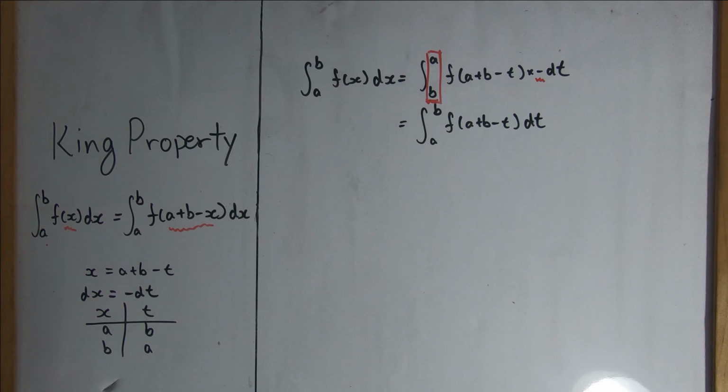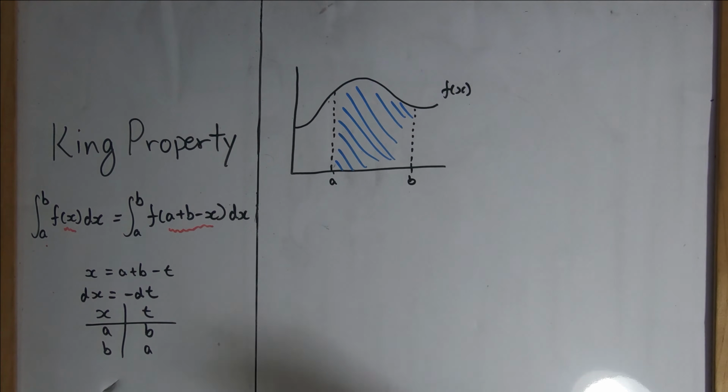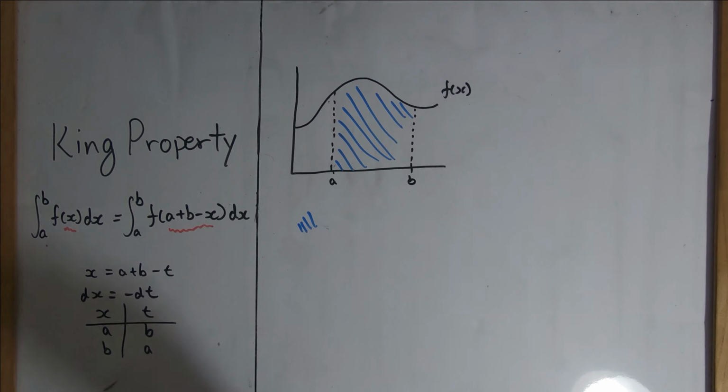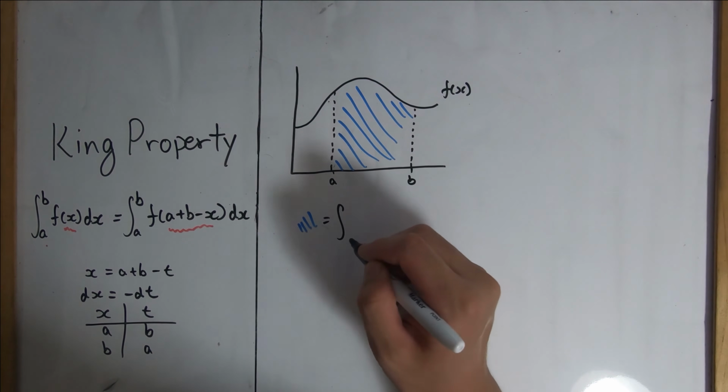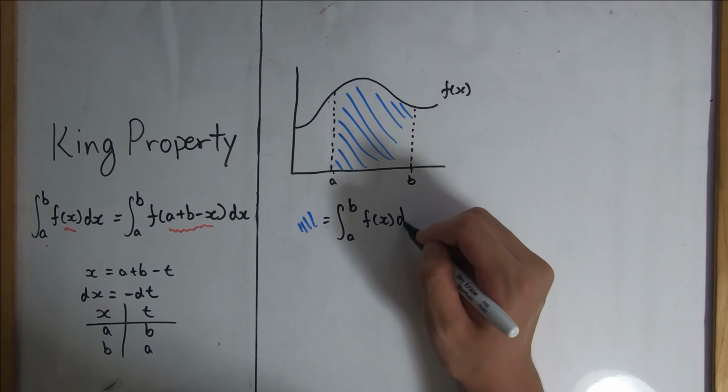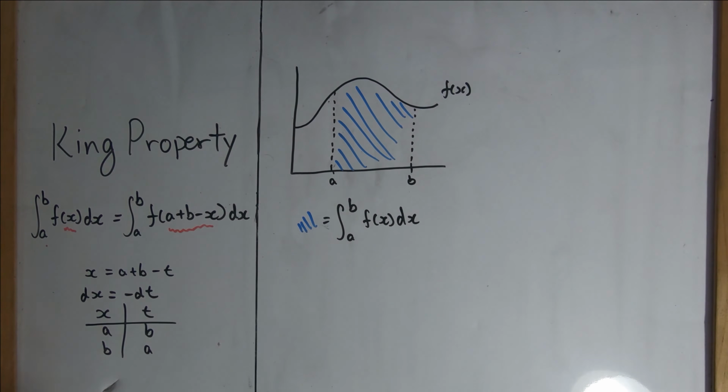Let's move on to a visual illustration of what this means. Let's say this is some function f of x. The area of the shaded part in blue is equivalent to the integral of f of x from a to b. Now, let me sort of expand the domain of this graph to negative, and then consider what the graph of f of a plus b minus x means on the same graph.